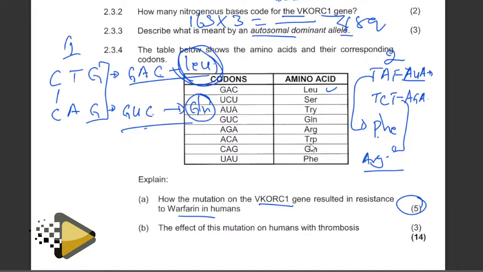And then also the second one, we change the amino acid from phenylalanine into arginine. So different amino acids will be produced, which makes a different protein. It won't be the same protein because these codons which change, they change the amino acid. So therefore a different protein is formed.